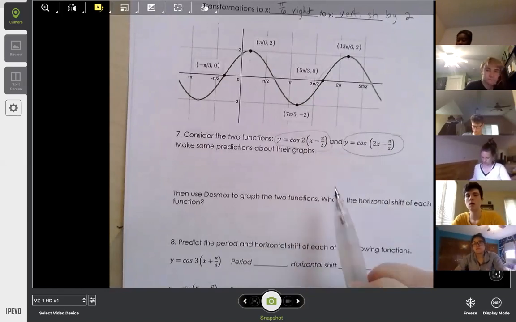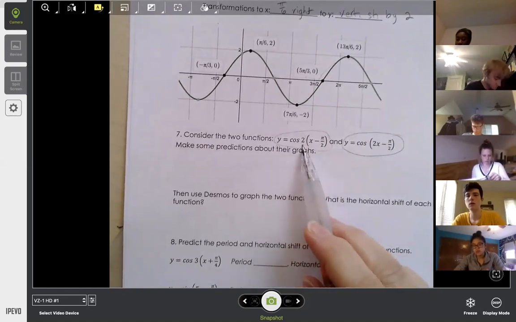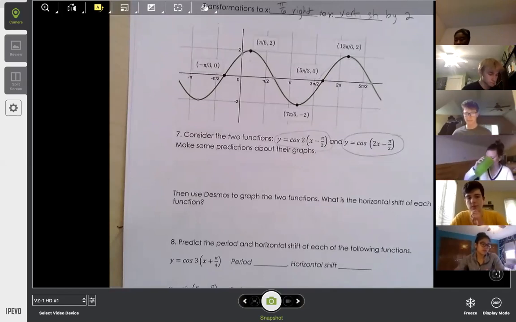Well, what do you think the period of this graph is going to be? With a 2 there, what do you think the period's going to be? Ian, do you have a prediction? The period's going to be 2? For the first one or the second function?